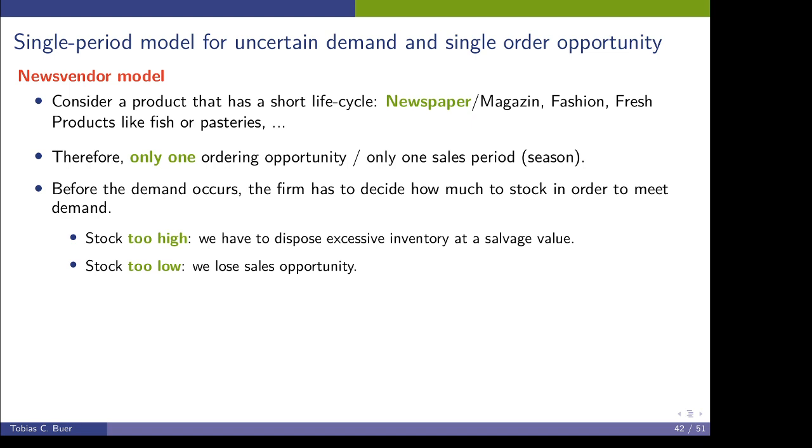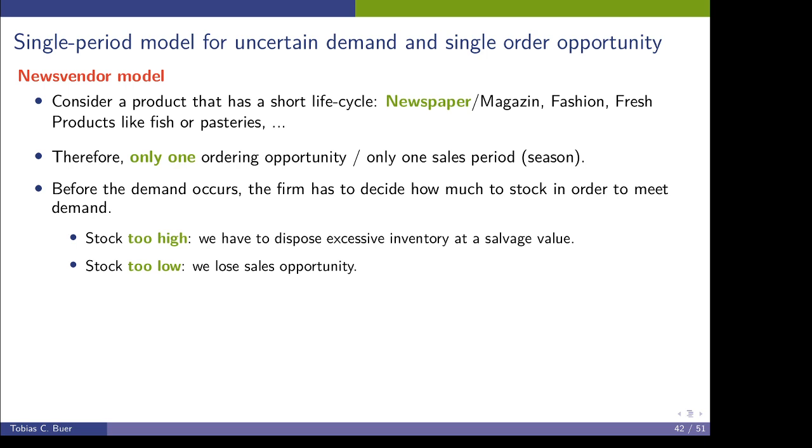We have only one ordering opportunity because there's only one sales period. For the newspaper case, it was one day. For fashion, it could be a couple of weeks, but because the lead time of producing the clothes is so long, we only have one ordering opportunity.